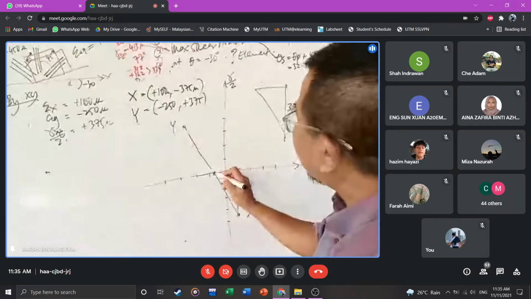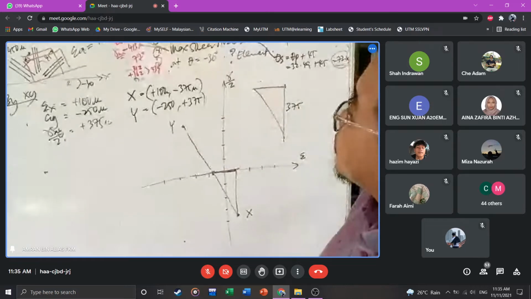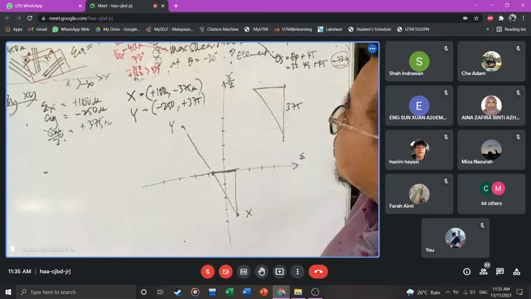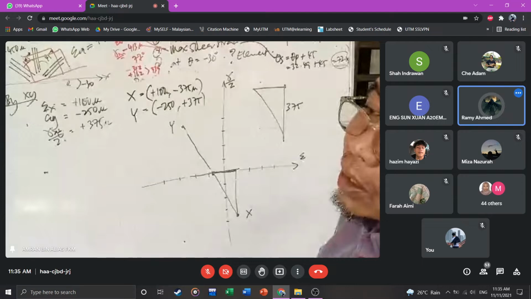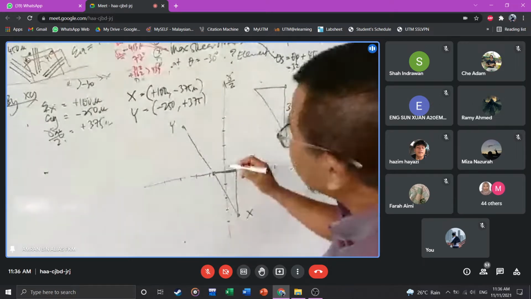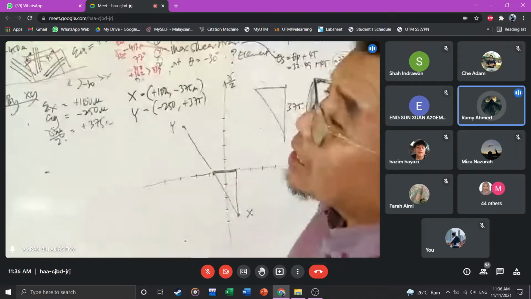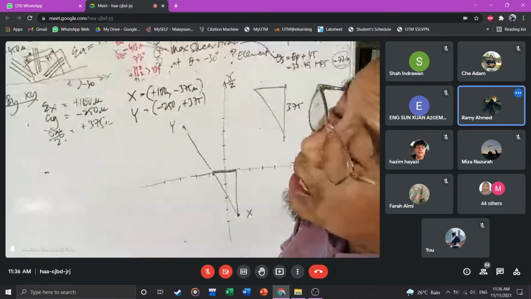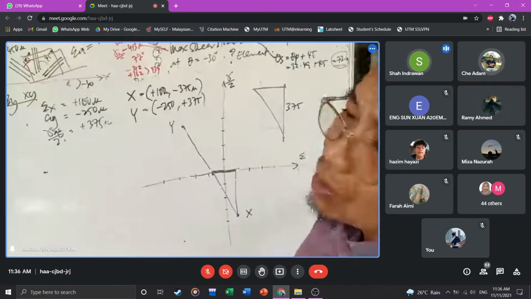What is the length from here to here? 100 subtracted from 75 equals 25. What is the value there? 75. 25. No. 175.